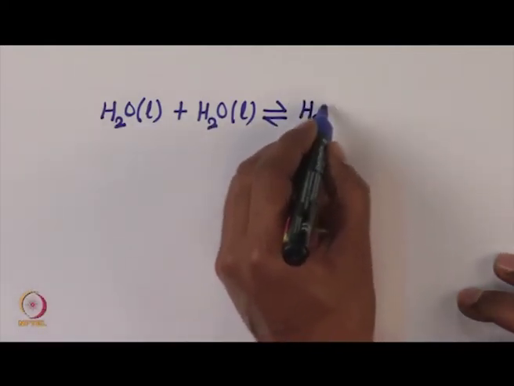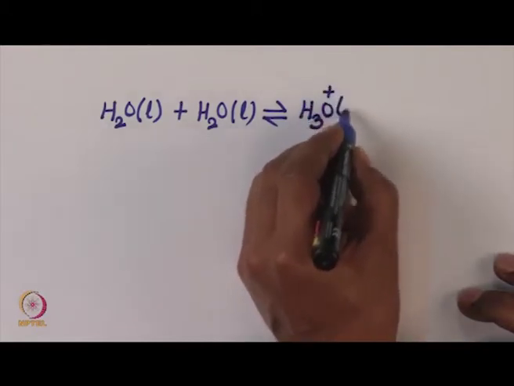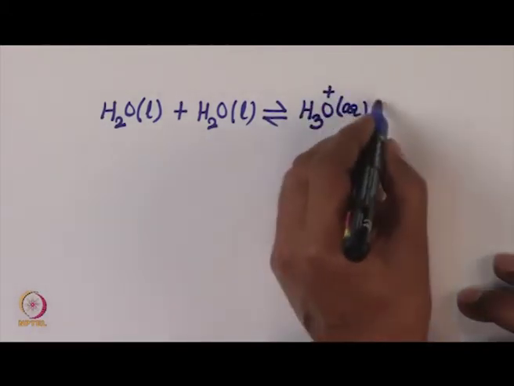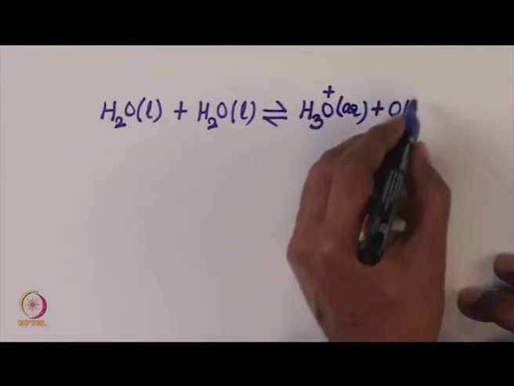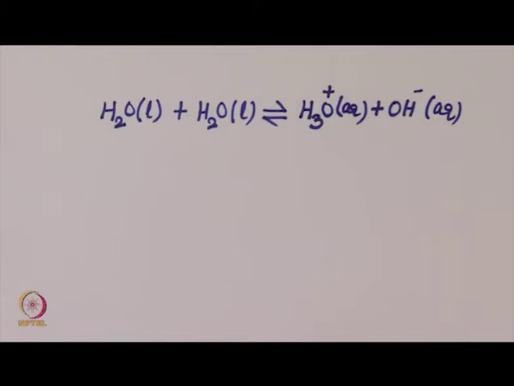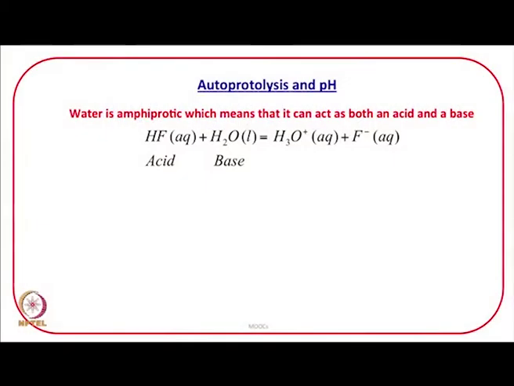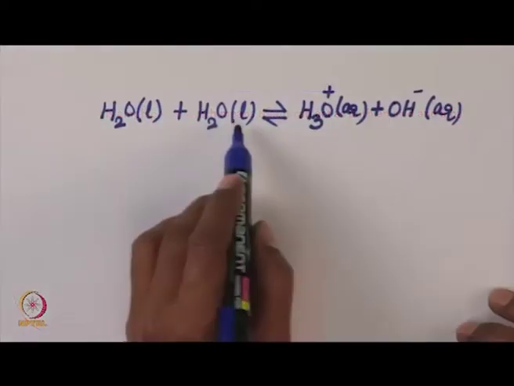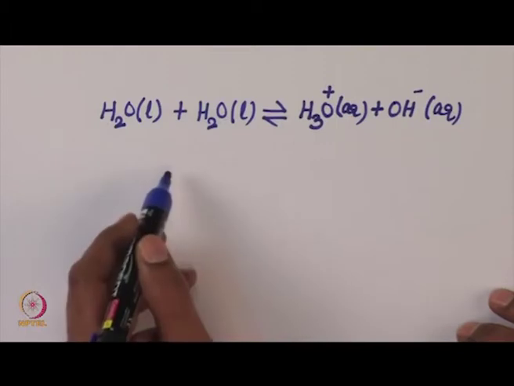If it accepts a proton, I have this hydronium ion, and if it donates a proton, I have the hydroxide ion. This is called autoprotolysis of water. Water itself is acting as an acid, and it is acting as a base.